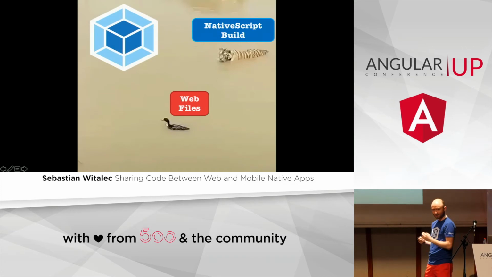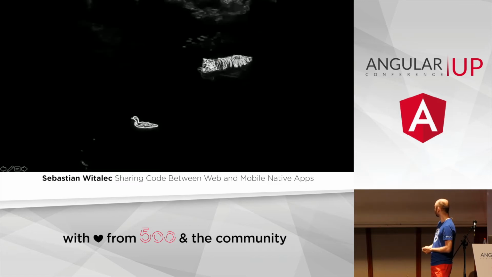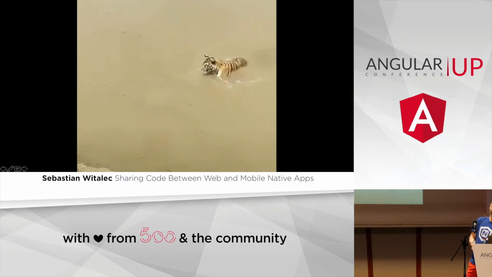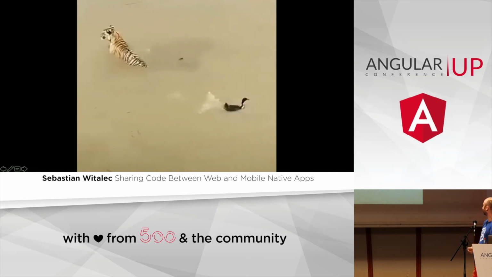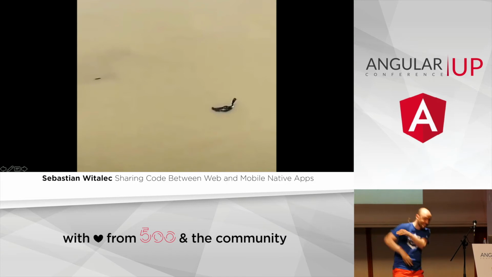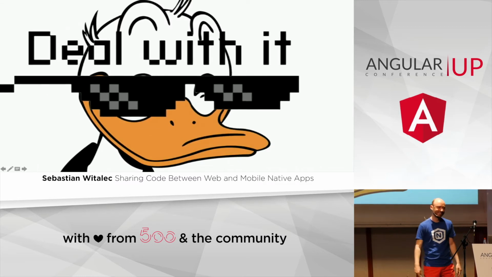I'm just going to go quiet for 20 seconds and you'll see what happens. So this is how our build works. The duck dives in, and it's like, just deal with it.